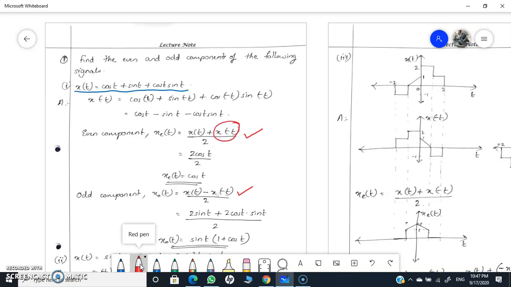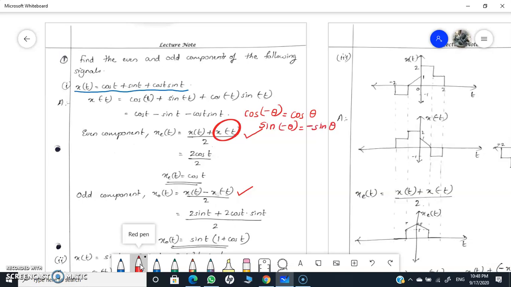x of minus t is obtained by substituting every t in this x of t with minus t. So x of minus t will be cos minus t plus sin minus t plus cos minus t into sin minus t. Now we know that cos minus theta is equal to cos theta, and sin minus theta is equal to minus sin theta.